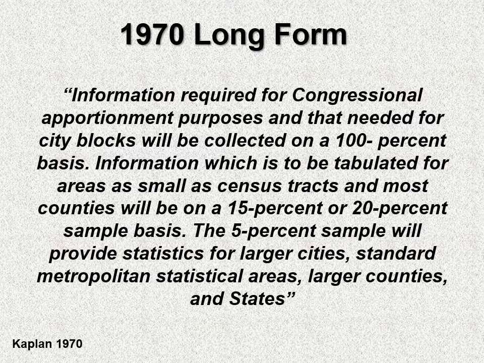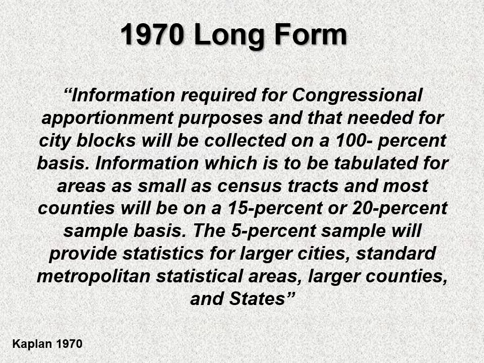The long form and the information, well, let's look at this quote, I think is an important quote, that the information required for congressional apportionment purposes and that needed for city blocks will be collected on a 100% basis. You want to know how many people there are in the United States. Information which is to be tabulated for areas as small as census tracts and most counties will be on a 15% or 20% sample basis.